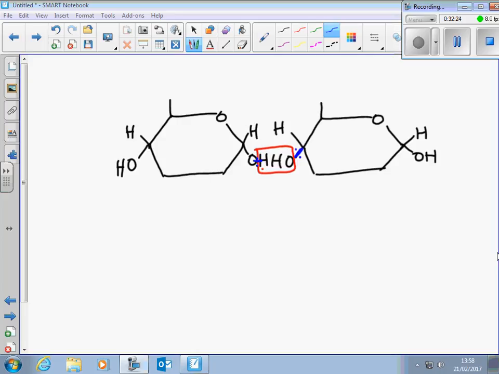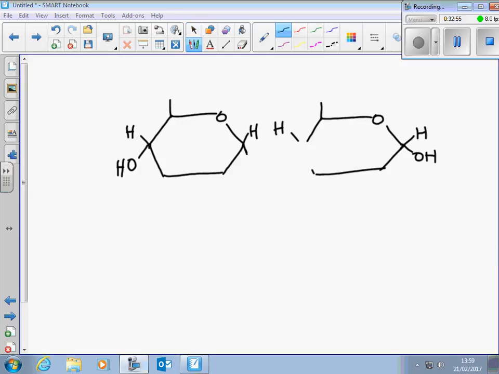So what we can then do is join together the electron that's left over here with the electron that's left here, and we can bond this carbon to that oxygen. It just means looking back at your bond formation stuff in the chemistry unit.